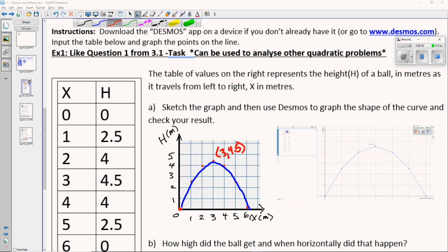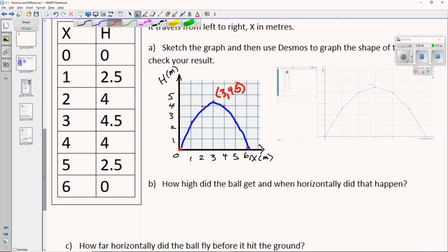Now, let's go and do some analysis. When we look at this, it's saying, how high was the ball? So if I looked at this line here and drew a line across from here to here, we'd know that the height was 4.5, and it occurred when it went through our axis of symmetry.